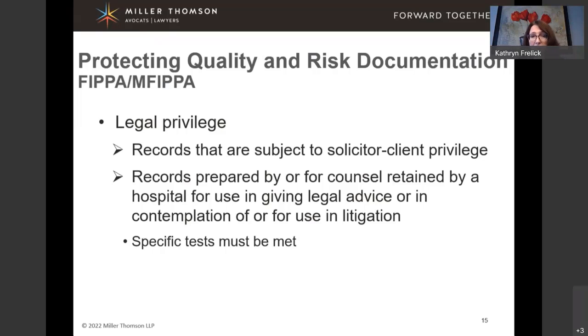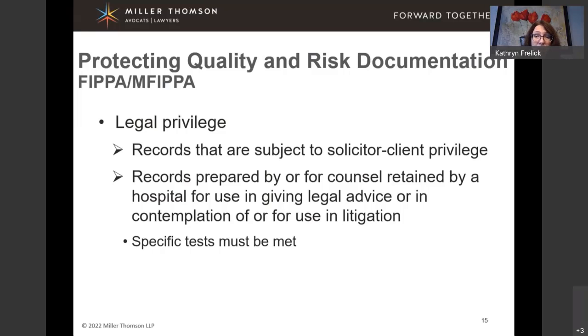And under FIPPA, the test looks at records that are subject to solicitor and client privilege, as well as records prepared by or for counsel retained by a hospital for use in giving legal advice or in contemplation of or in use of litigation.